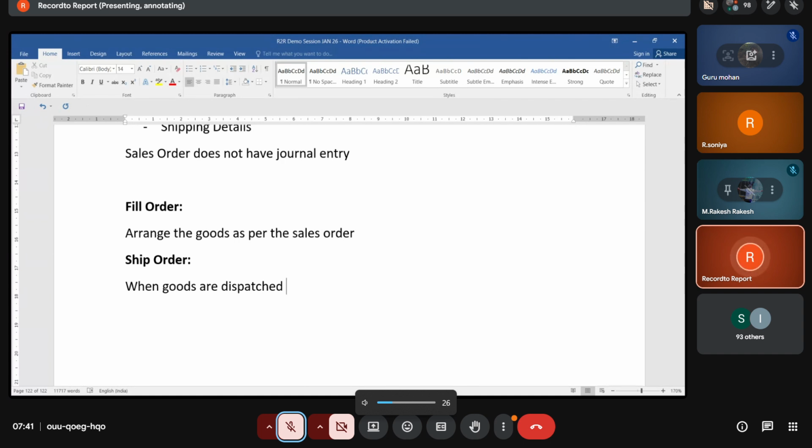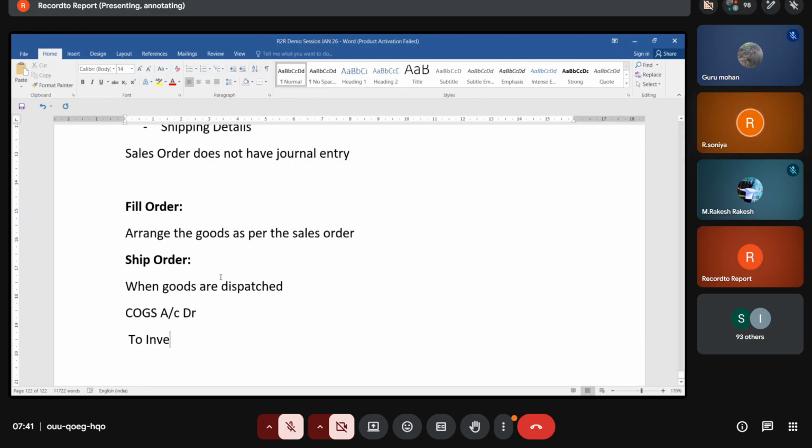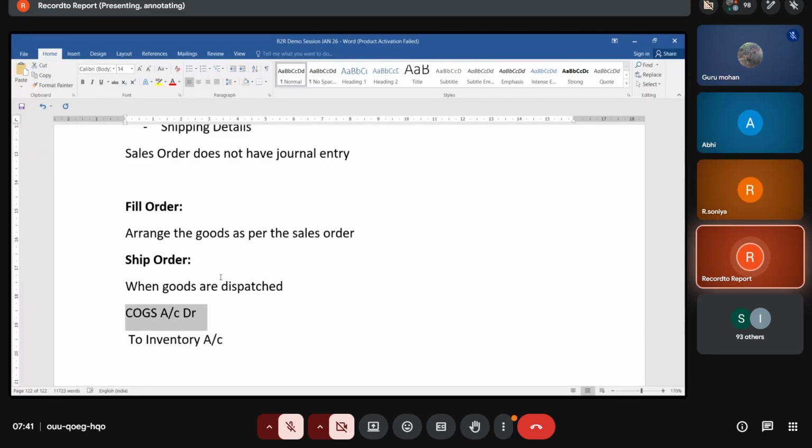So what is the entry to be recorded once the goods are delivered? We need to record cost of goods sold account debit to inventory account. So what is meant by COGS, guys? Cost of goods sold. Why are we recording this?